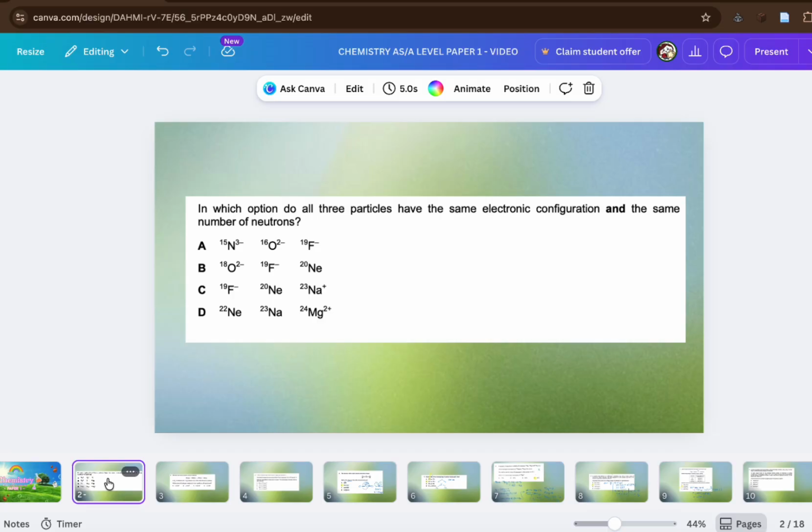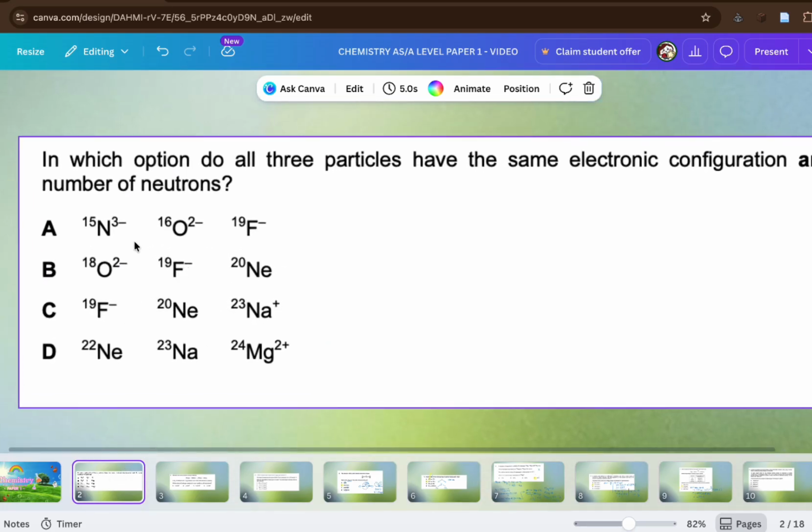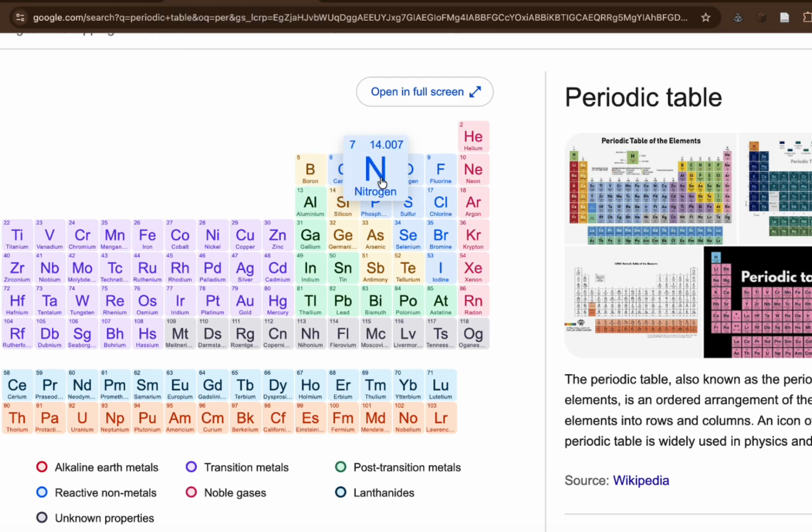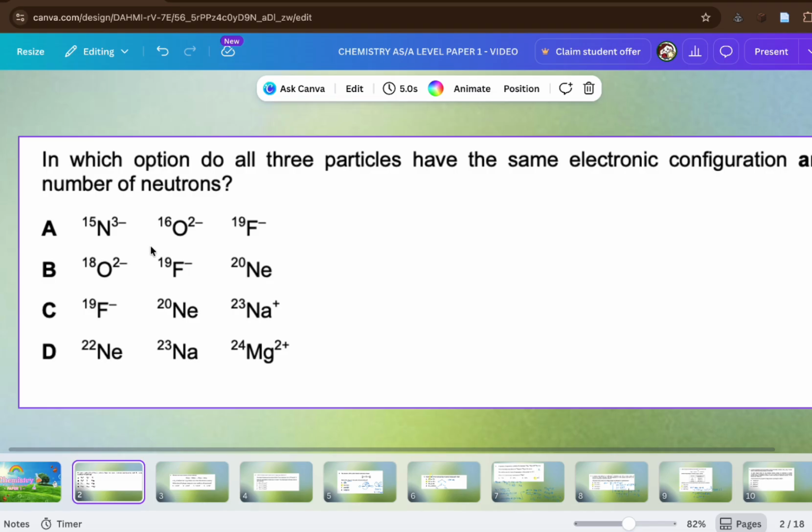Let's discuss option A first, shall we? Option A, we have nitrogen with an atomic mass of 15, and amount of electrons of nitrogen is 7. So let's find the neutrons. 15 minus 7 equals 8. Let's see if oxygen has the same.